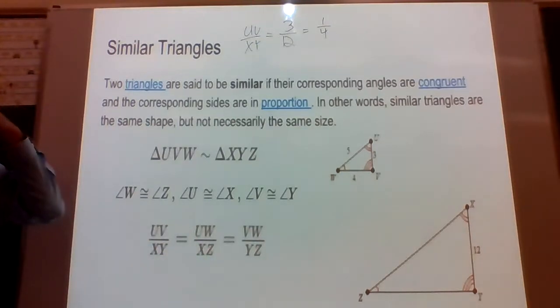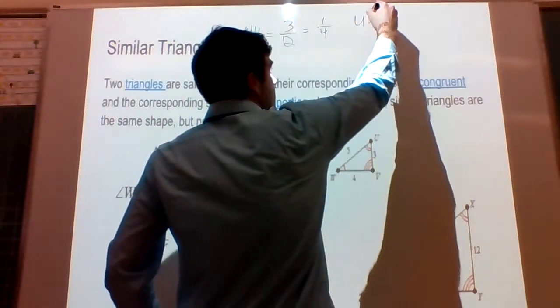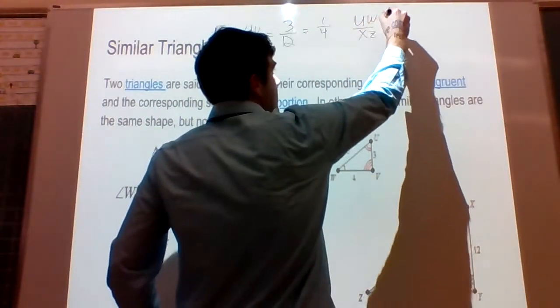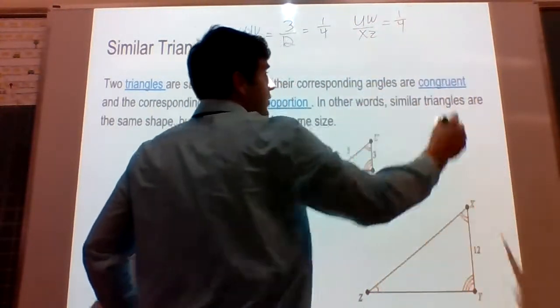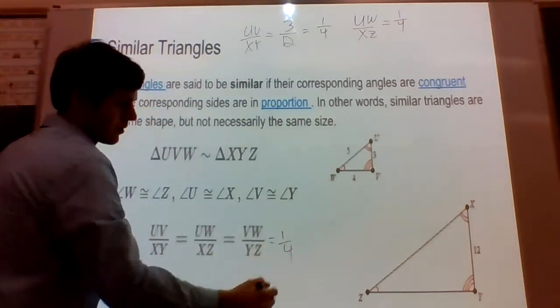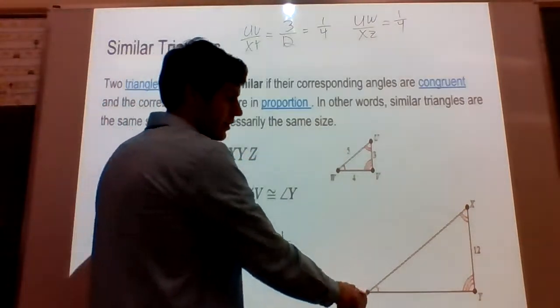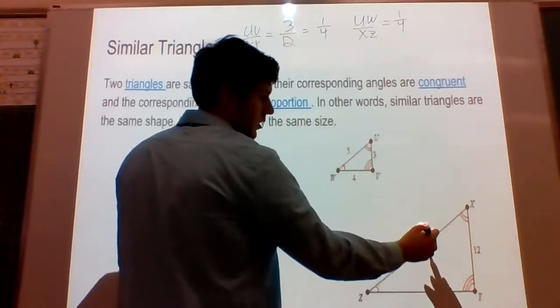So UW over XZ is going to equal 1/4. All the ratios are going to be equal to 1/4. We know UW is 5, and let's find XZ.